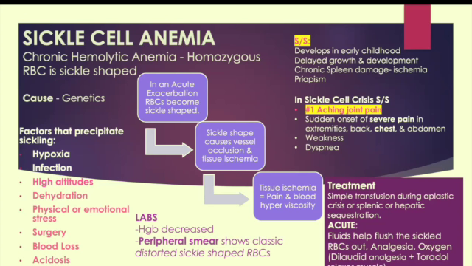This is a very painful disease, and it is hard for these patients because it develops in childhood. You will see delayed growth and development in these patients, and chronic spleen damage, which I was talking about in the prior slide, where they have to have a splenectomy, could be a reason in sickle cell anemia.